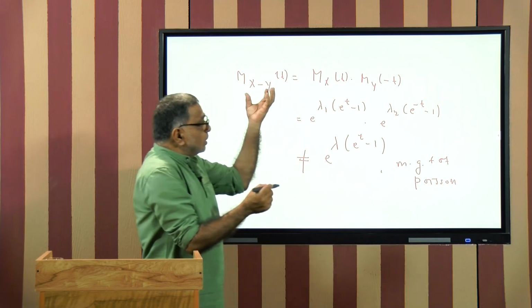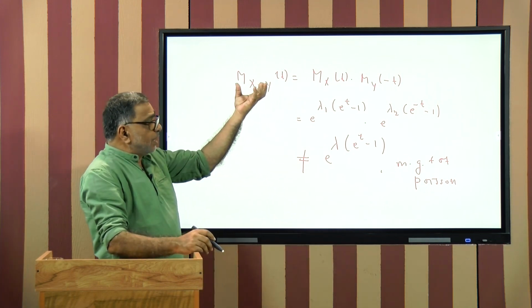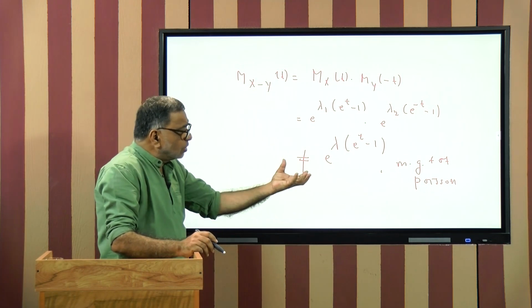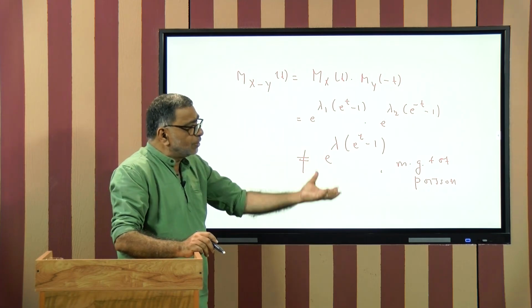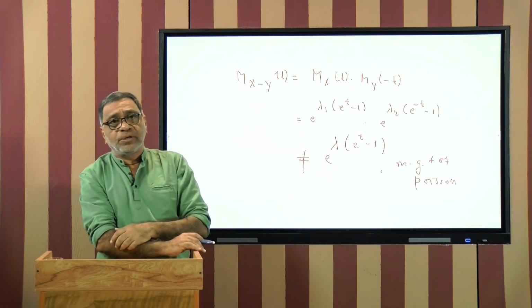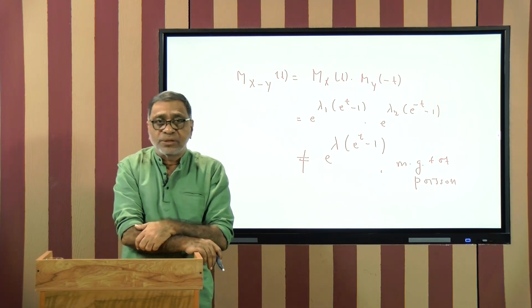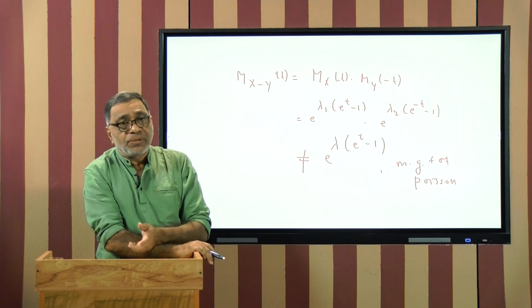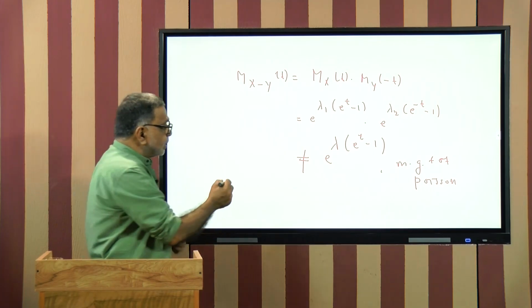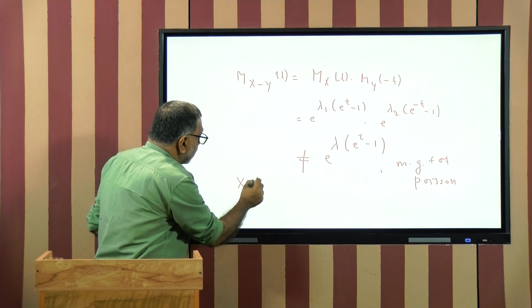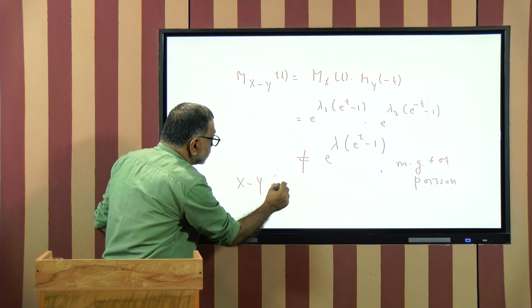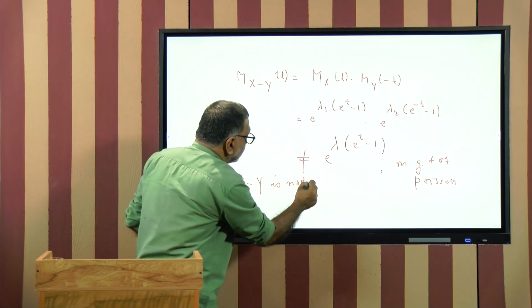So, the moment generating function of x minus y is not similar to the moment generating function of a Poisson random variable. From the uniqueness property of the moment generating function, we can establish that x minus y is not a Poisson random variable.